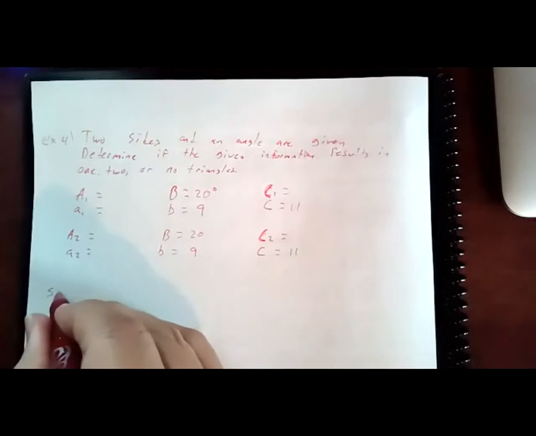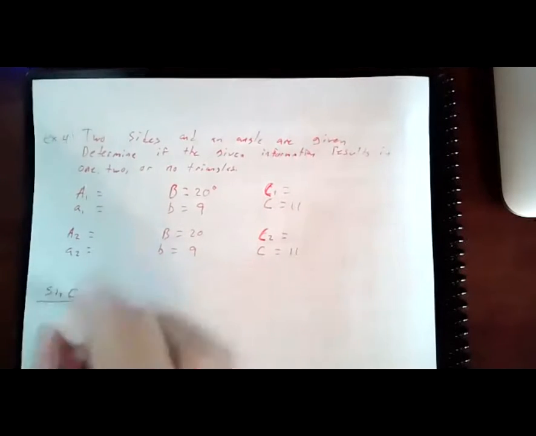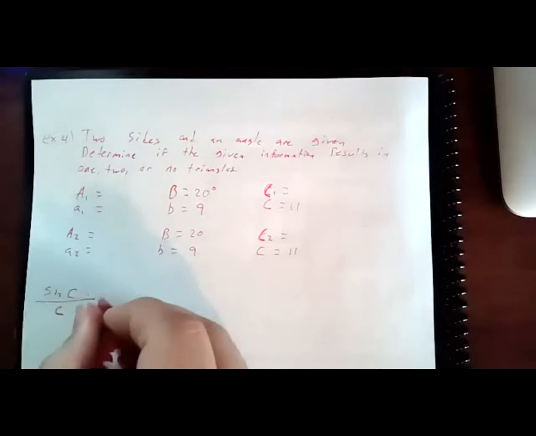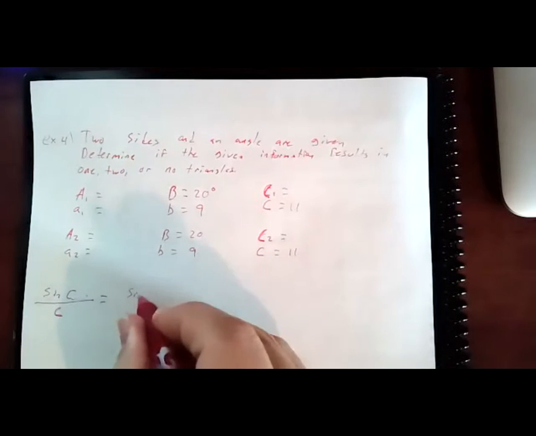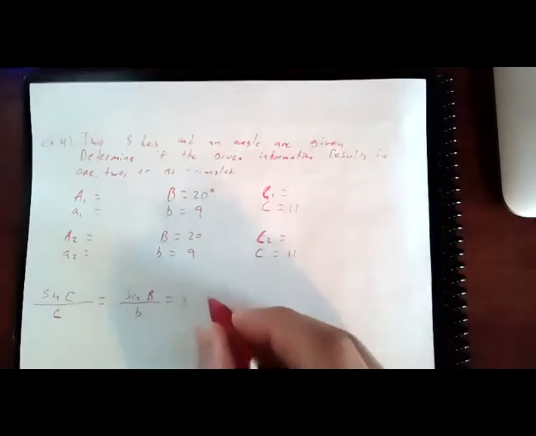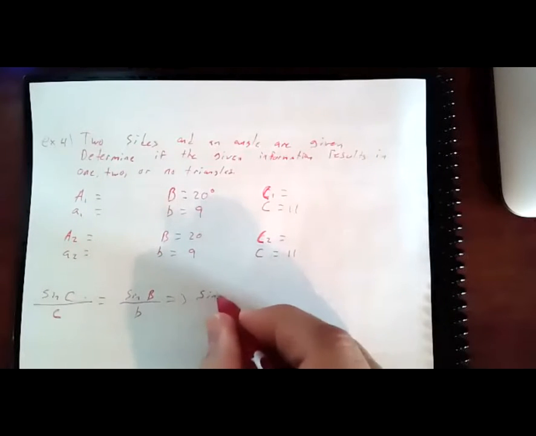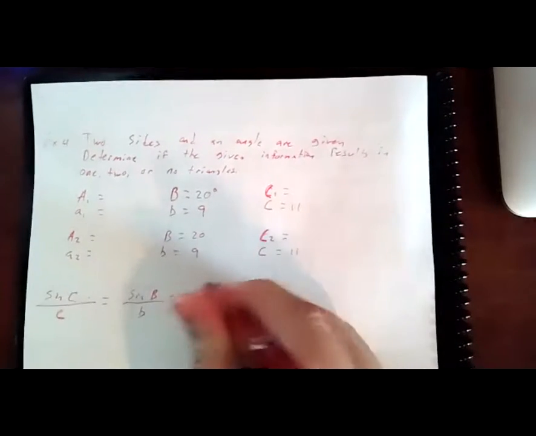So sine C1, I'll just call it C for now, right? Sine C over little c is equal to sine B over b, which implies that, I'm going to skip some algebra here, well, no, it's fine. I'll just show this little step here.